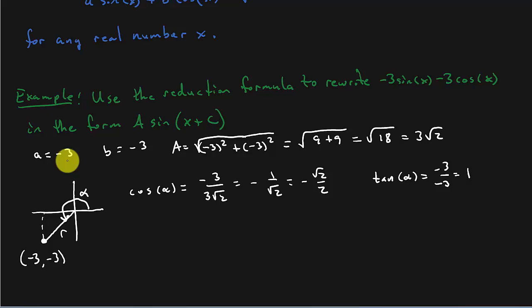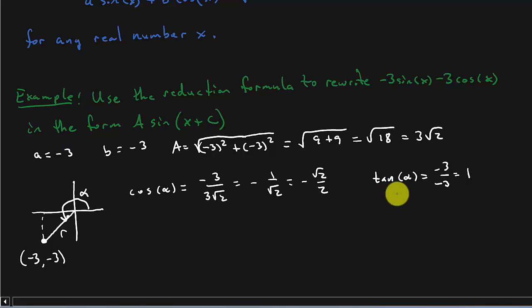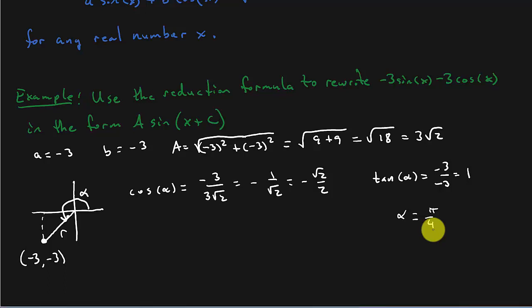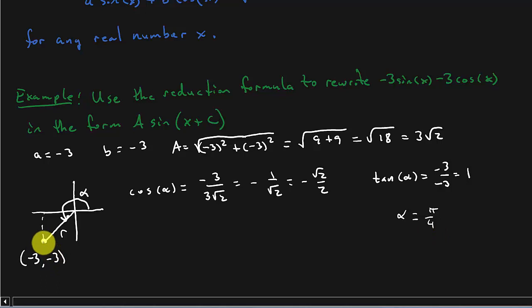Now, look at this. The tangent one might confuse you, because you look at it and say tangent alpha is 1. Well, what would that be? We might get the impression that alpha is pi over 4, because the tangent of 45 is 1. But notice when we plot the point, we're over here.